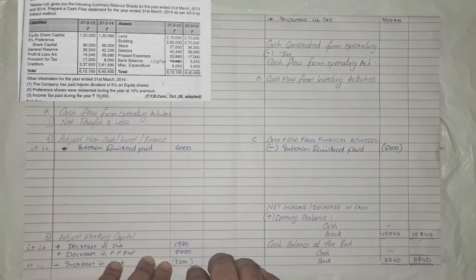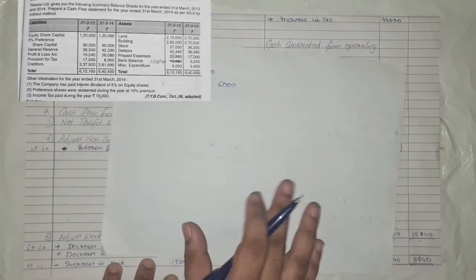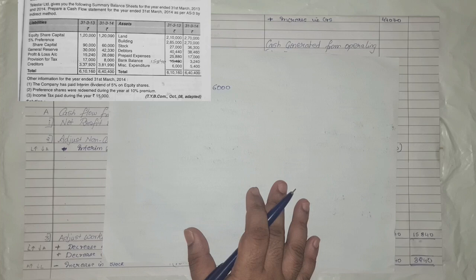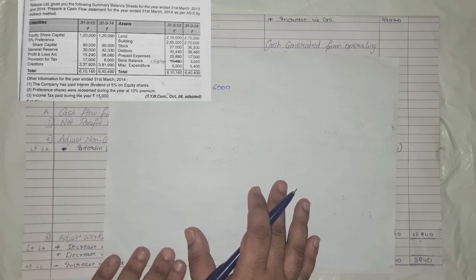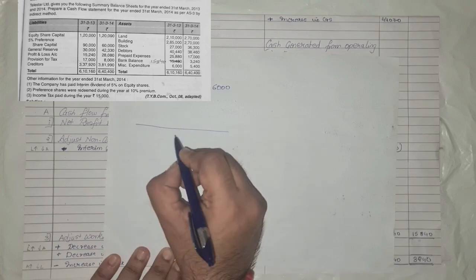Second, preference shares were redeemed during the year at 10% premium. Now preference shares are given in the question, so again we come with the rough note. Preference share is given 90,000 and 60,000. So we create a rough working note.